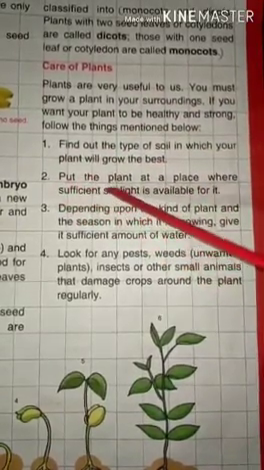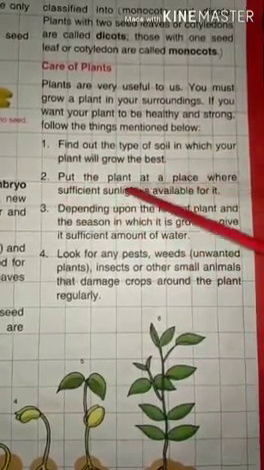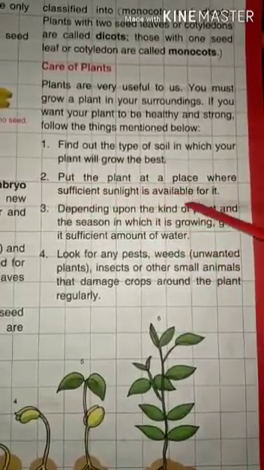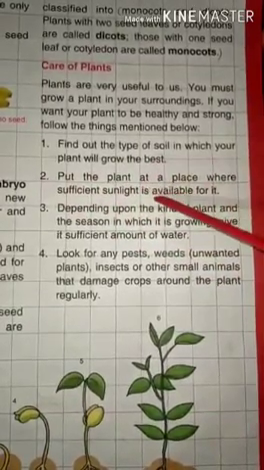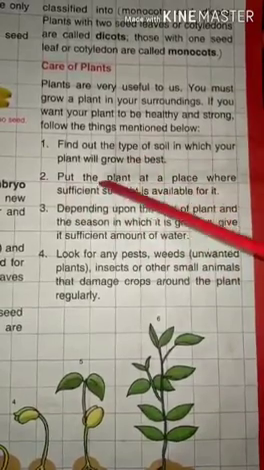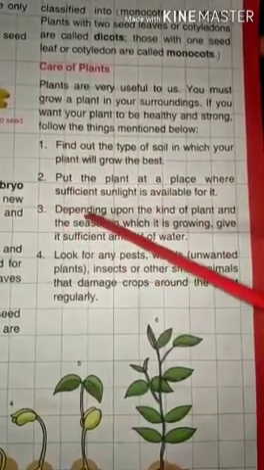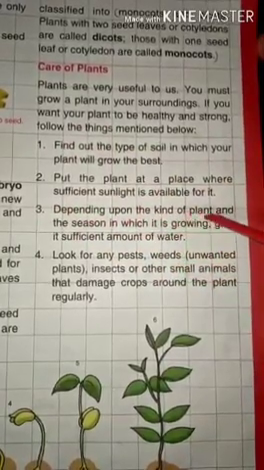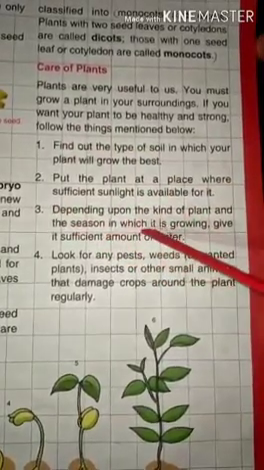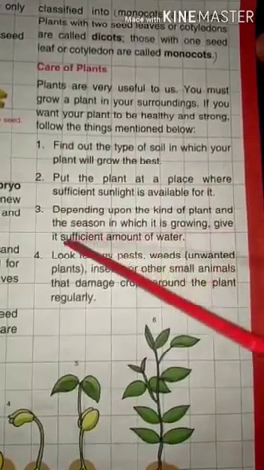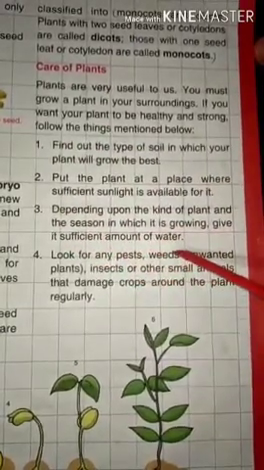Number 2, put the plant at a place where sufficient sunlight is available for it. Number 3, depending upon the kind of plant and the season in which it is growing, give it a sufficient amount of water.